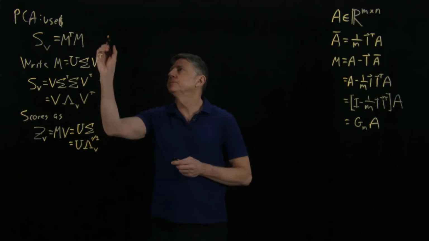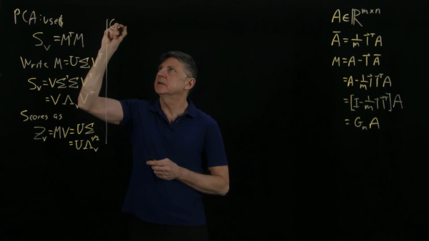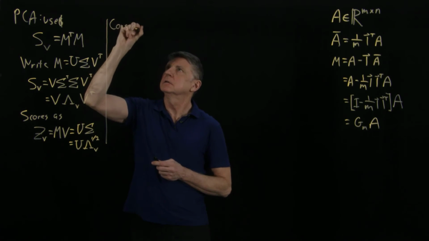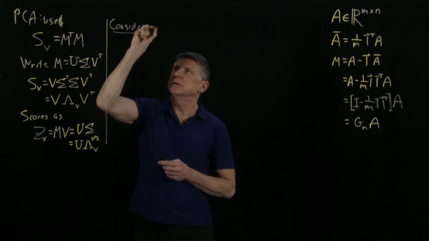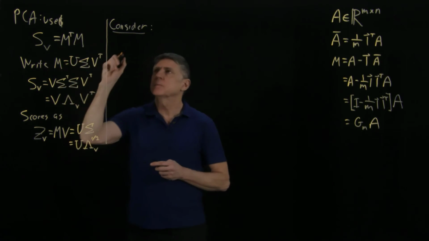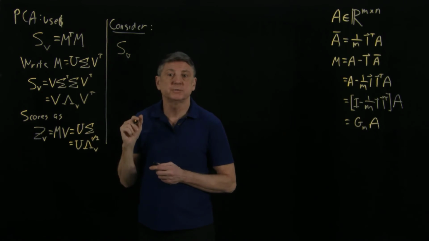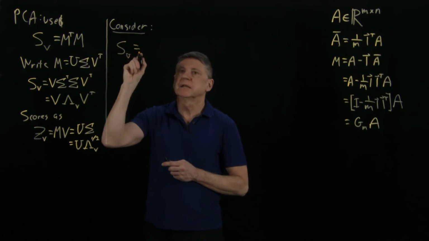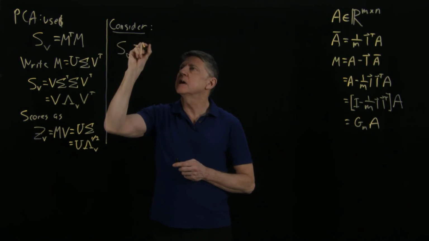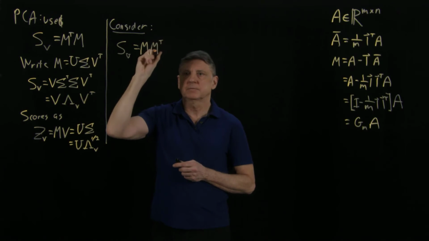So now let's consider writing this in the other way. Let's say that we'll call the U style or observation style scatter, that is our zero mean matrix, and then we'll put the transpose on the right.